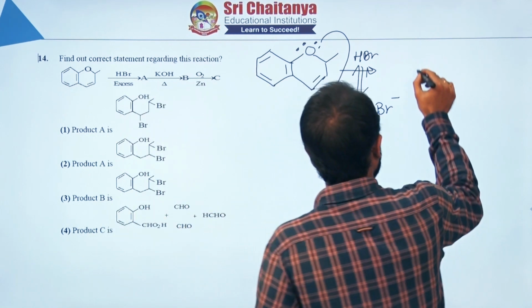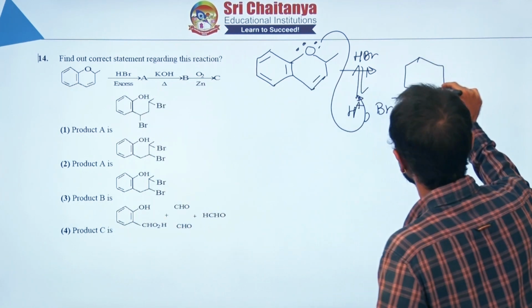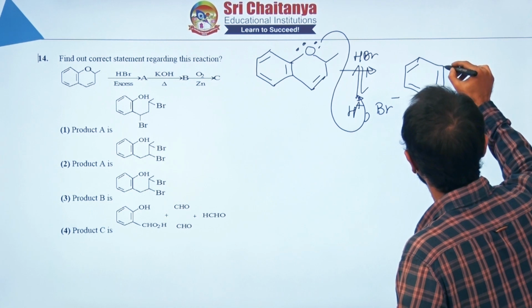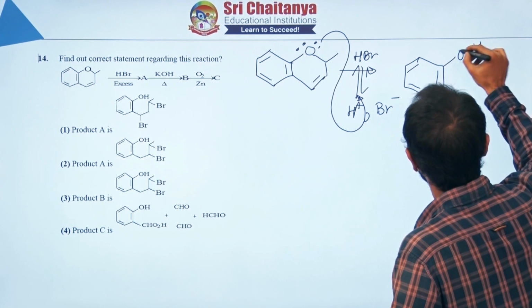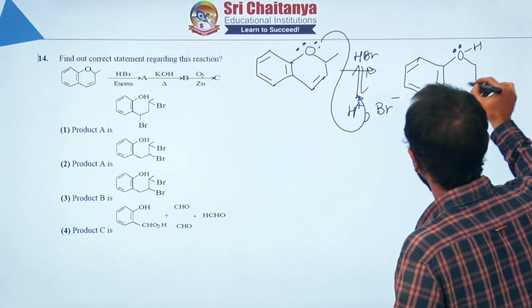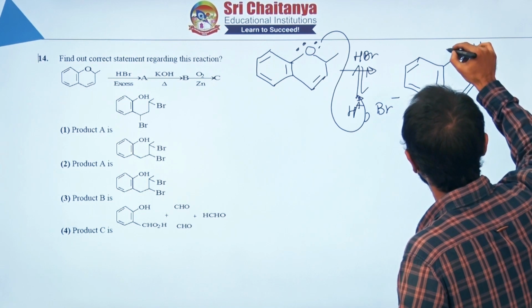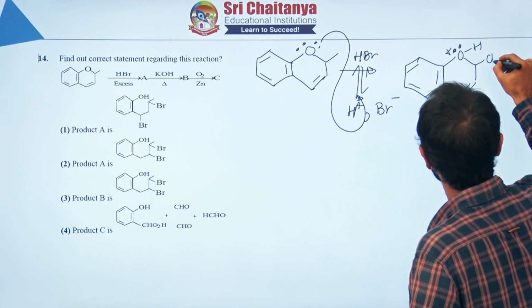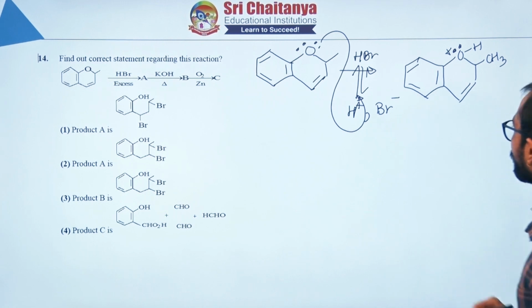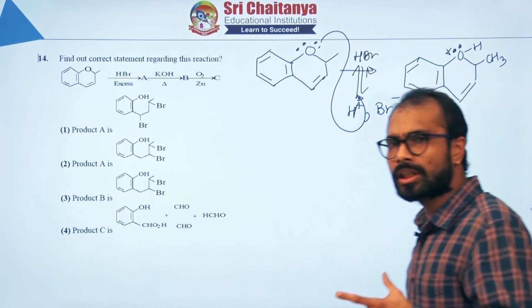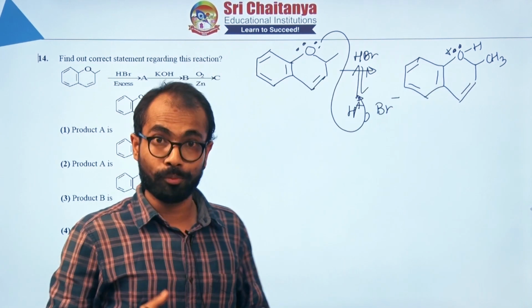Now, once it is protonated there, it will be left with only one lone pair and it will bear a formal charge of +1 and this CH3 will be there. Now, oxygen with a positive formal charge is a very good leaving group, you might know this.